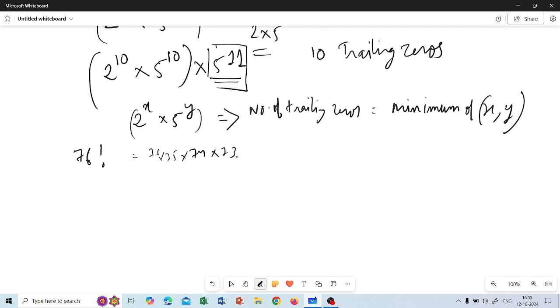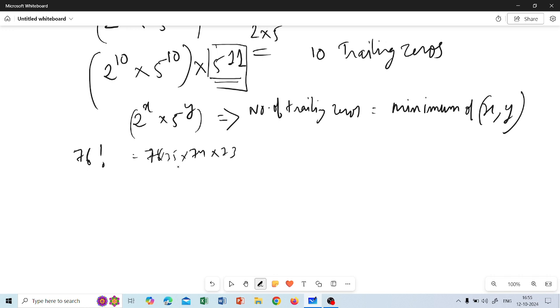I can write it, but this is not at all the method to do it. It will take 10 minutes maybe, or more, or maybe even 15 minutes is not sufficient. This is the most inefficient way, the manner in which we solved the 10 factorial one. Then how are we going to find the number of trailing zeros?